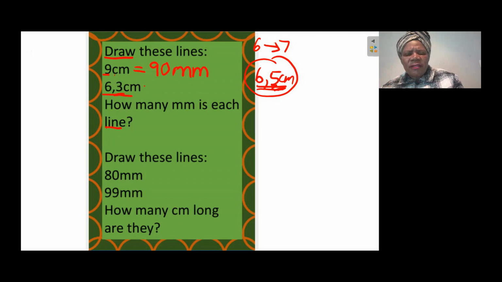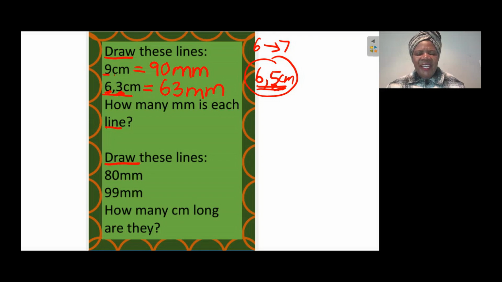Then 6.3 will be 6 centimeters, which is 60 millimeters, plus 3 millimeters, which is 63 millimeters.